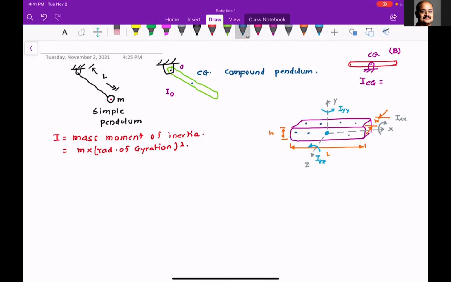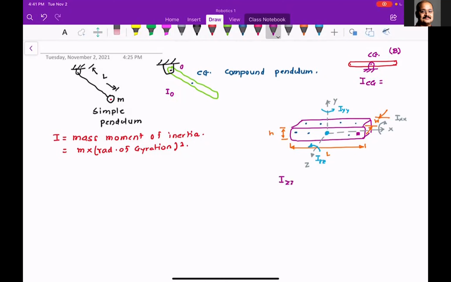If I want to find out the mass moment of inertia, I have to use integration. How would I use integration? For example, say I have a mass over here, and I want to find out where this mass is located.